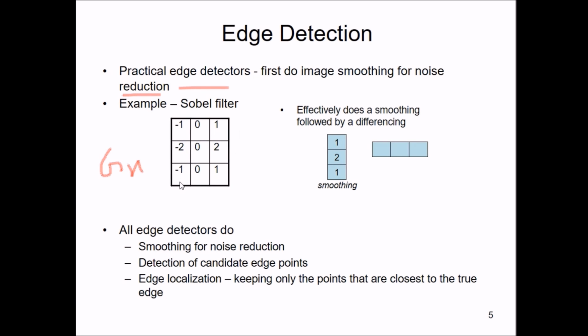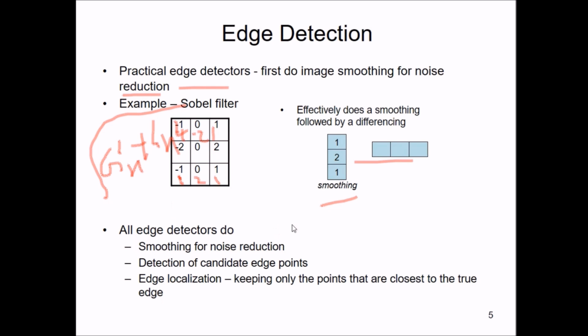This is -1, -2, -1 and 1, 2, 1 in the y direction. So what we do is take the square root of gx squared plus gy squared. This is how we find the Sobel edge detection.